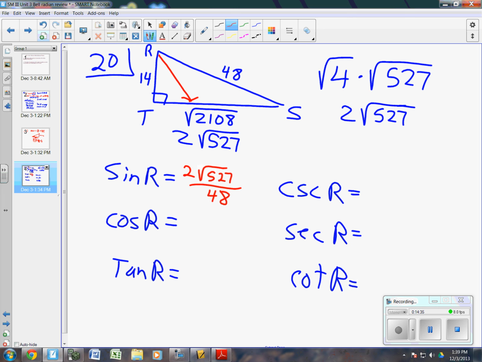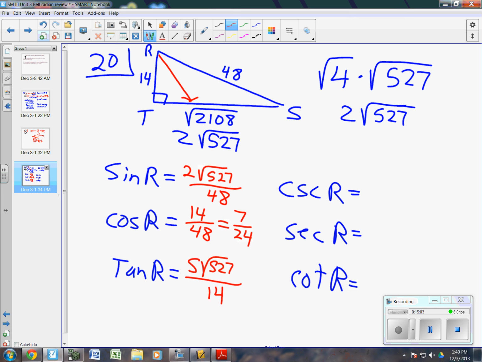Cosine would be adjacent over hypotenuse. So 14 over 48, which reduces to 7 over 24, right? The tangent is equal to opposite over adjacent, so 2 root 527 over 14.